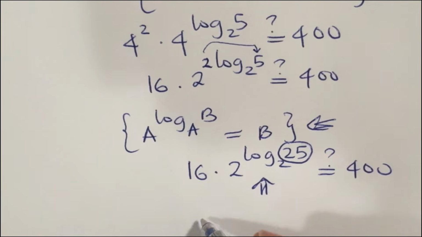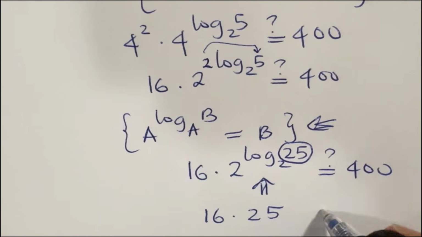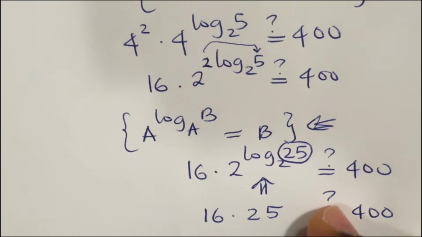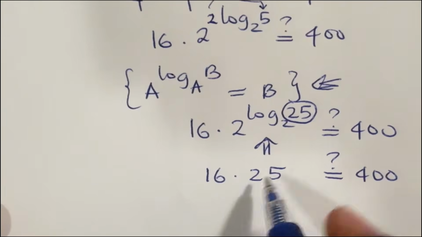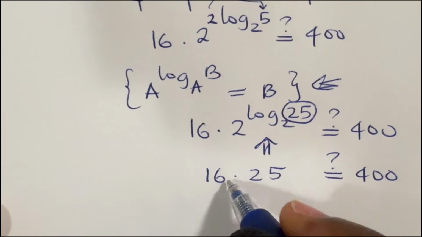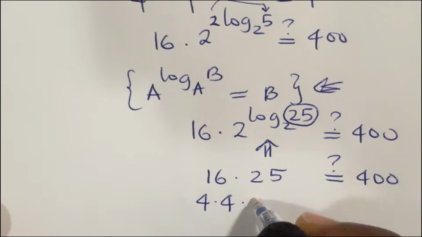And then we say 16 times 25 should give us 400. 16 times 25, if we don't know the straight up multiplication of this, we can further break it down into 4 times 4 times 25.